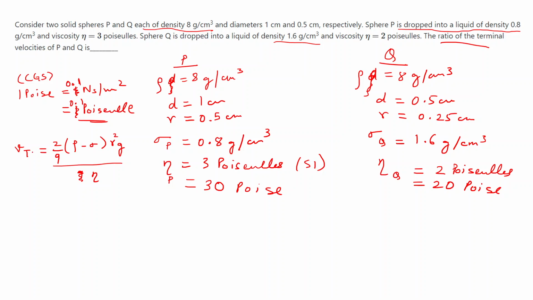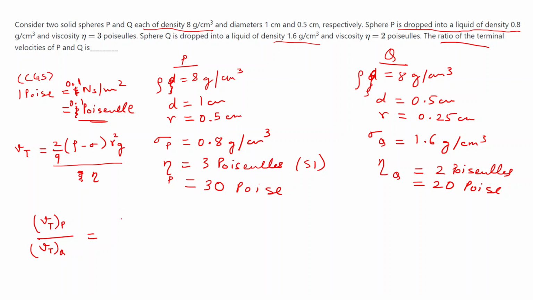Using this expression, the ratio of the terminal velocity of P to the terminal velocity of body Q will be, I'm directly writing because it's a ratio, so all these constants like 2/9 will cancel out.